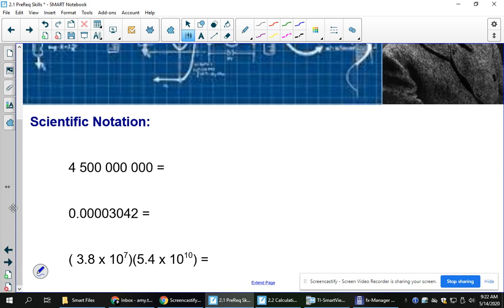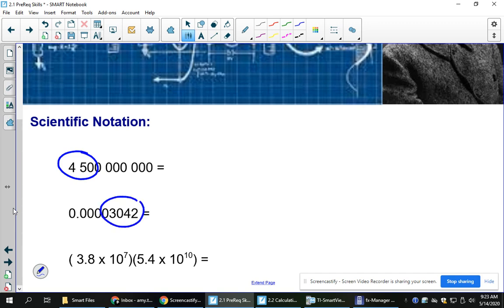So instead of trying to write out 24 zeros in a number and risking dropping a zero and having the wrong calculation, we have something called scientific notation so that we don't have to write all the zeros. The way that scientific notation works is you're going to go and find the numbers that aren't zeros.